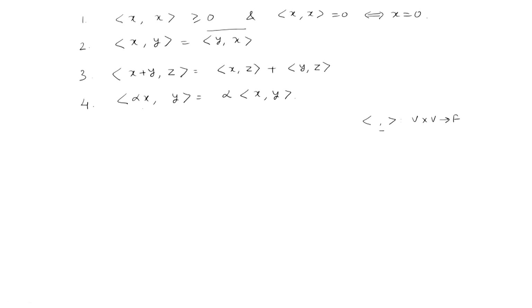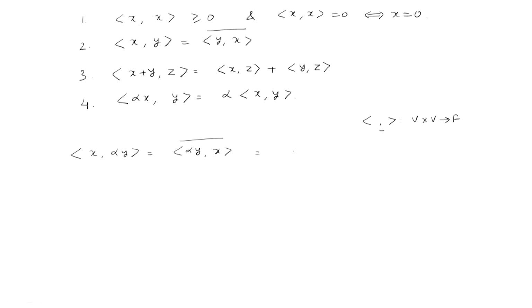Now, one important property which can be seen from the 4th property: if you take inner product of x comma alpha y, that will be equal to inner product of alpha y comma x whole bar by the second property.